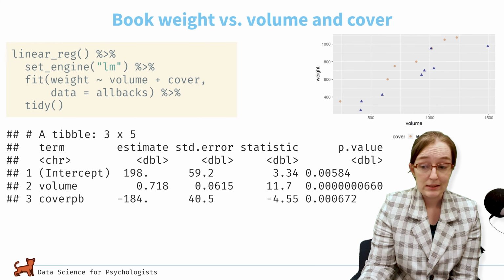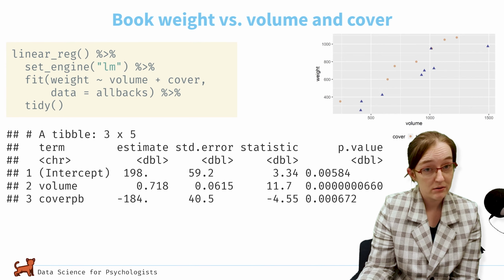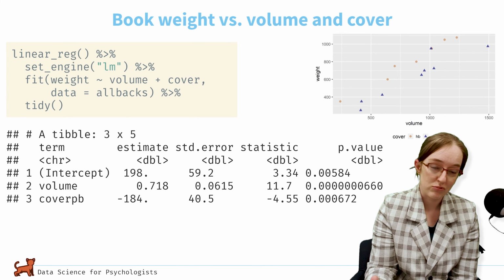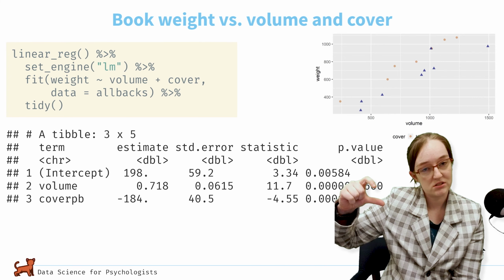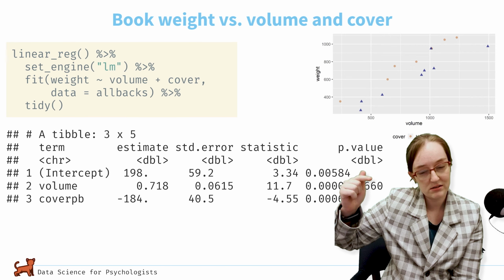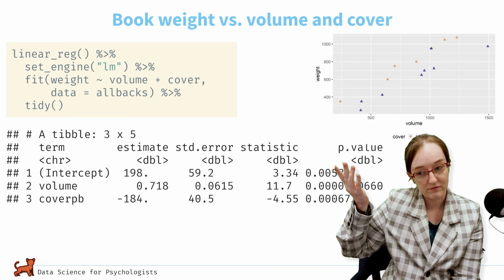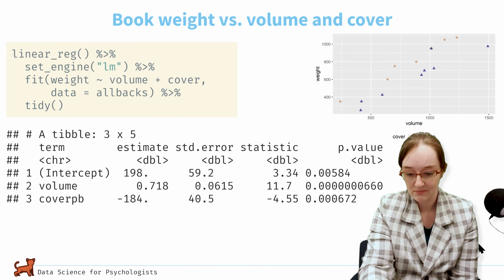But if we happen to have a soft cover, a paperback cover, in order to get the intercept for that group, we can just subtract. So 198 minus 184, so about 12 grams. It's tiny.